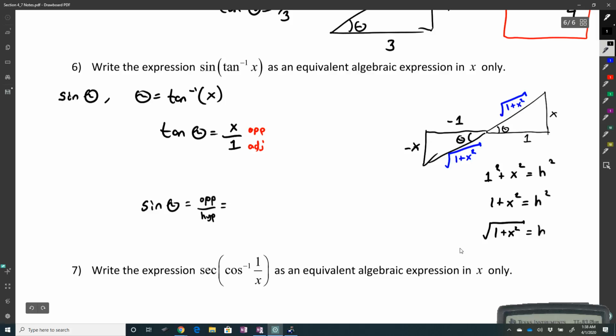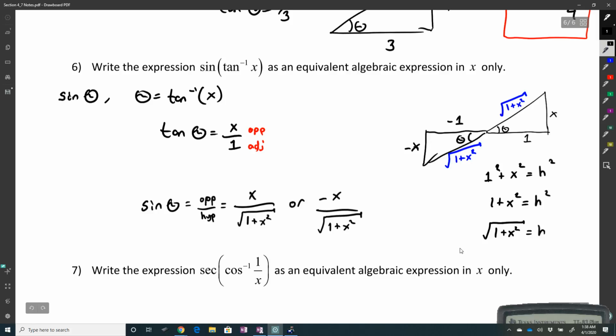And so my answer here, for the right triangle, it can be x over the square root of 1 plus x squared. Or if I look at the other one, it can be negative x over the square root of 1 plus x squared.